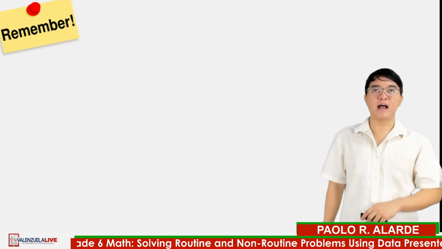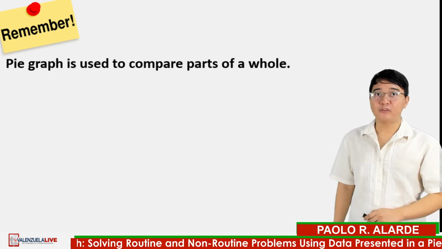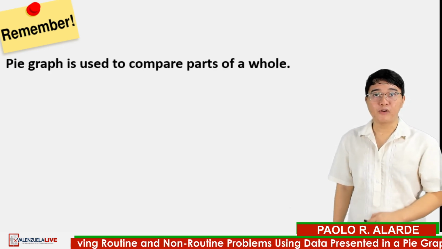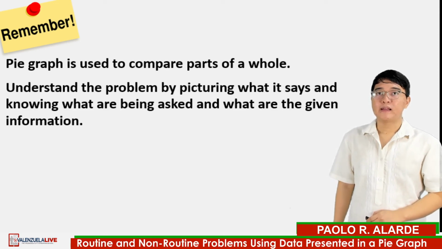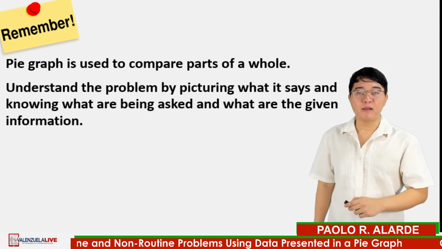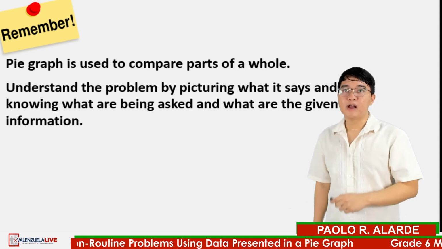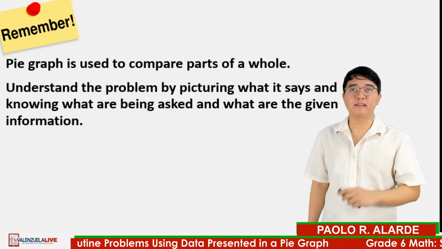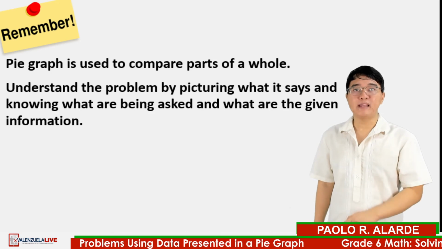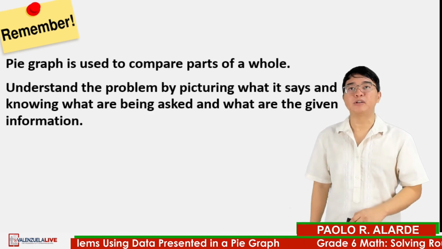So to wrap up our lesson for today, remember that a pie graph is used to compare parts of a whole. Understand the problem when you're solving any problem, not just about pie graphs. Understand the problem by picturing what it says and knowing what is being asked and what the given information is.